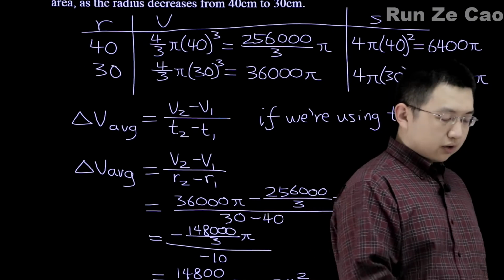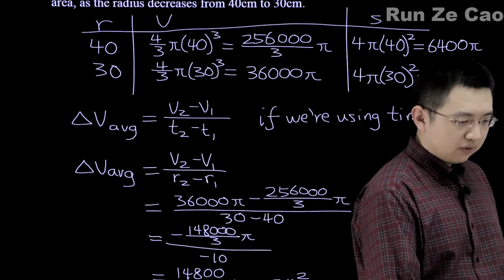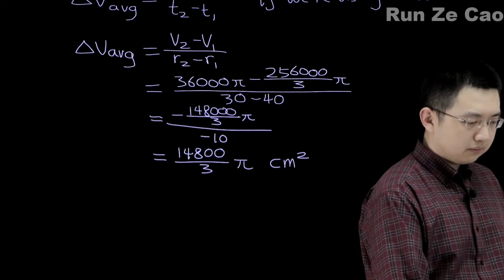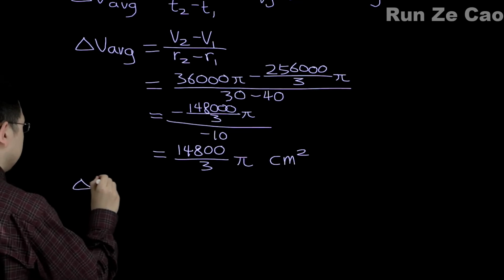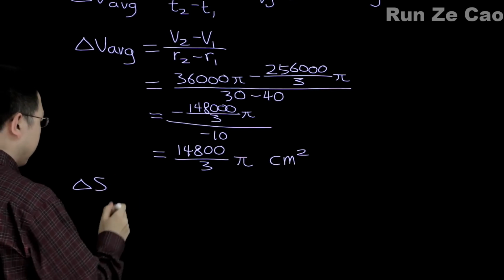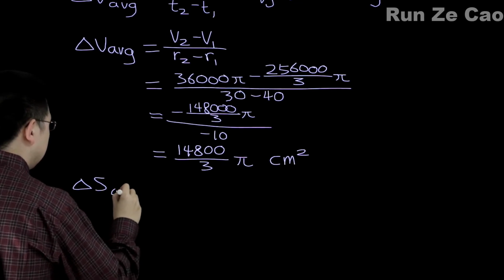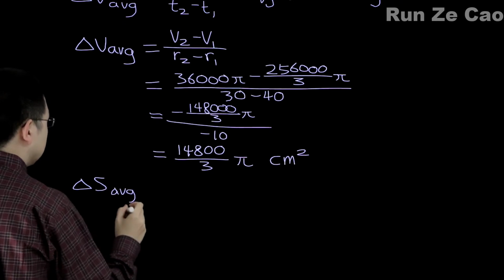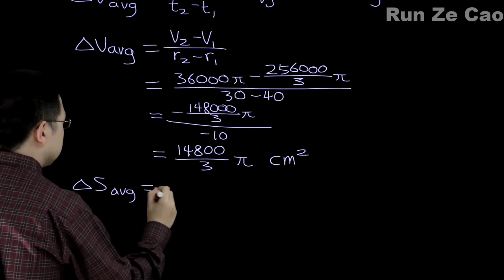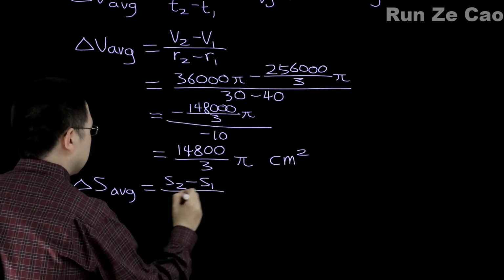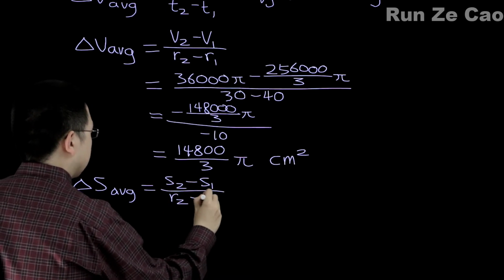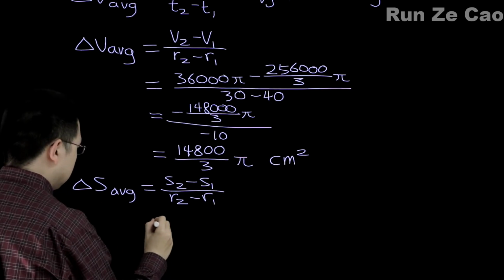So for surface, we're dealing with from 6400 pi to 3600 pi. Or SA, depending on where you are. Average is equal to S2 minus S1 over R2 minus R1.